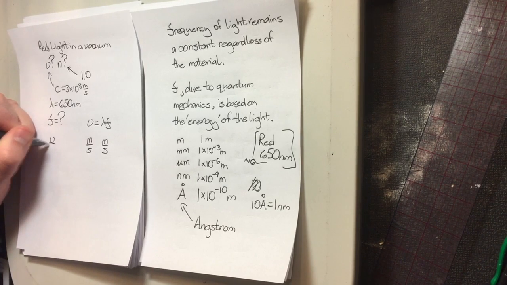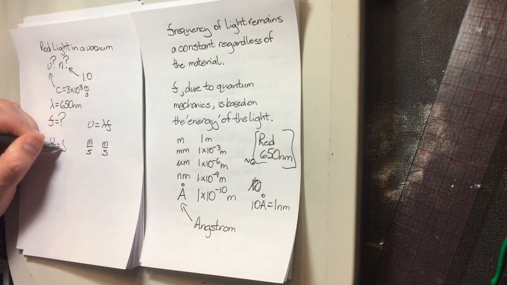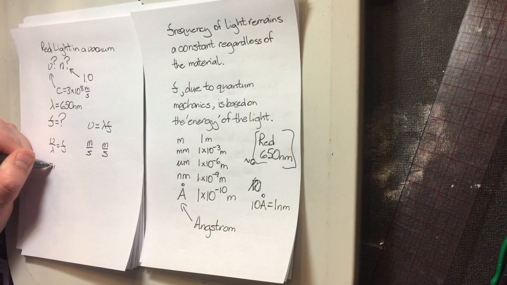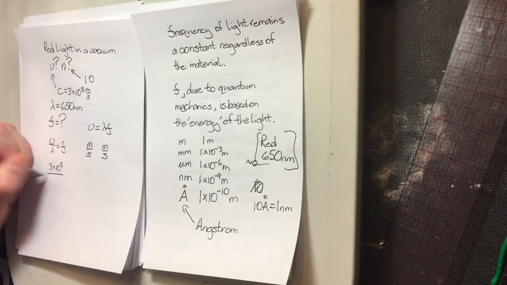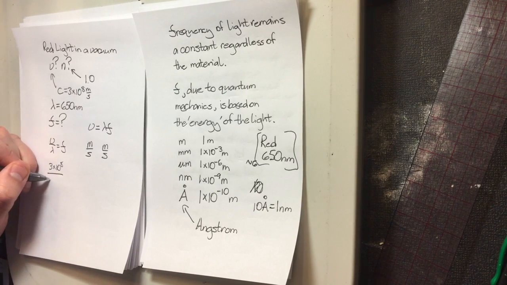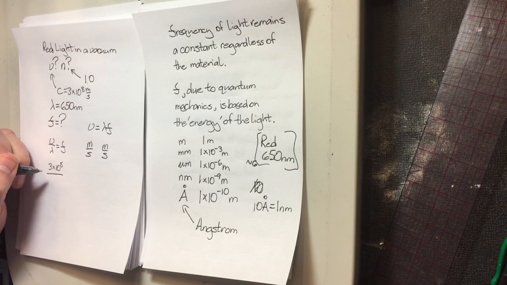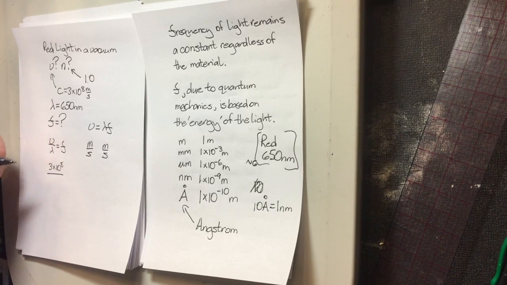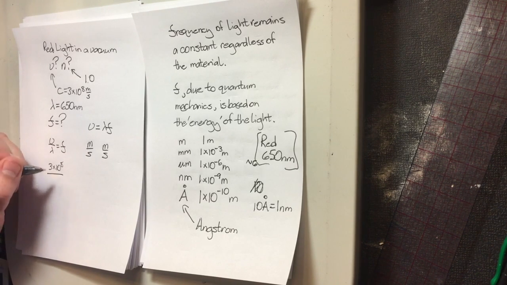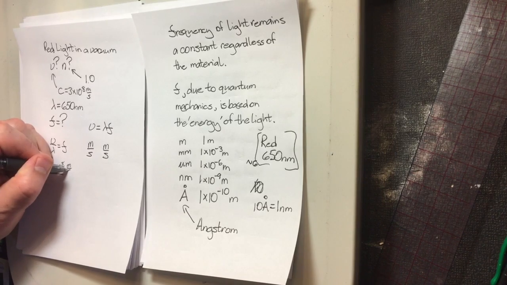So V over lambda is equal to f. So 3 times 10 to the 8th divided by, now for this you do have to change lambda into meters.